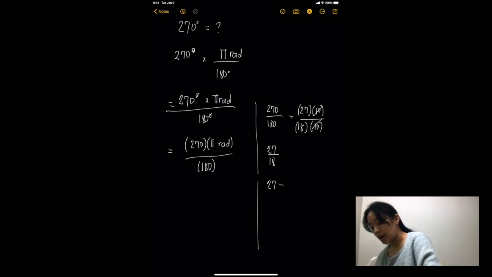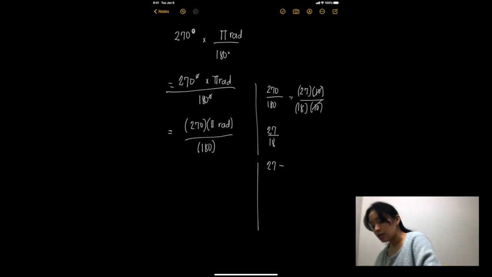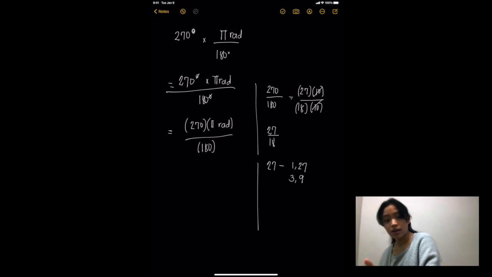I'm going to write down factors of 27 over here. The factors of 27 could be, let's start, 1 and 27, 3 and 9. I think these are all the factors of 27. And then 18.